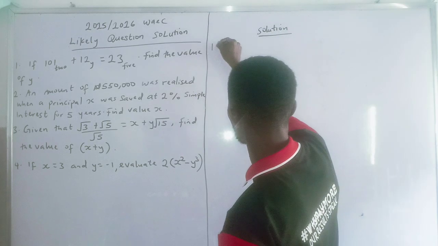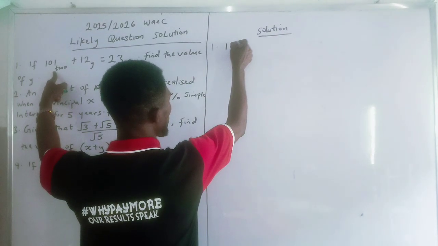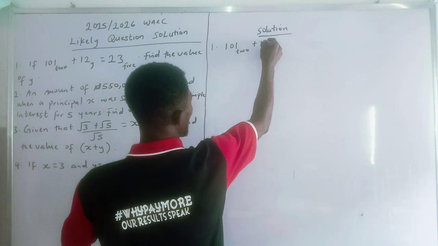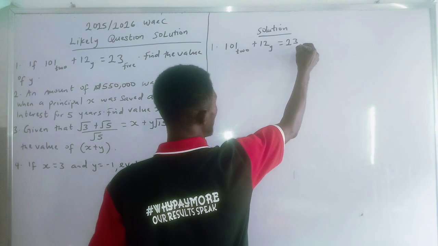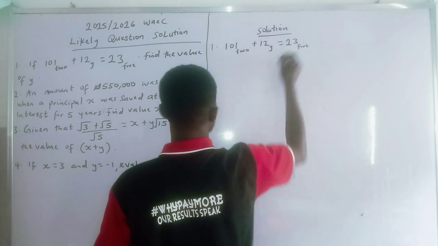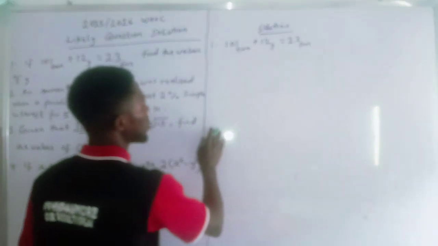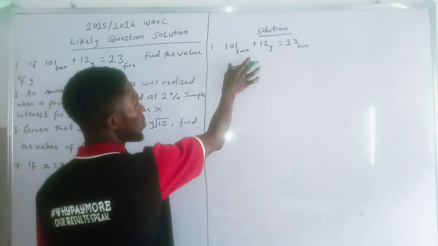Question 1 said, if 101 base 2 plus 12 base y is equal to 23 base 5, then we should find our y. So what are we going to do? We know that we have to know where the equation is coming from. This falls under number base.